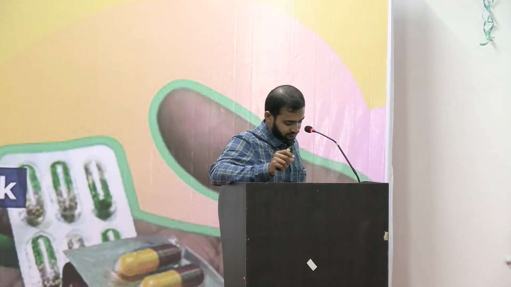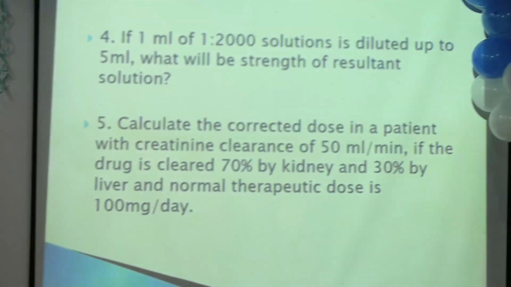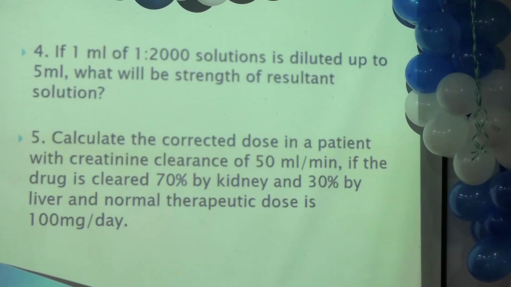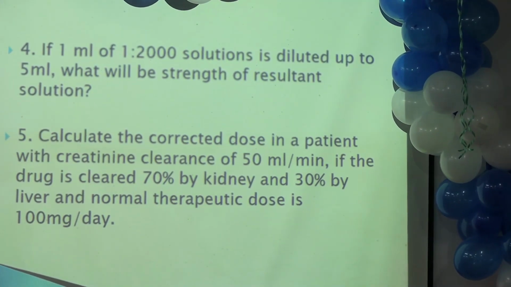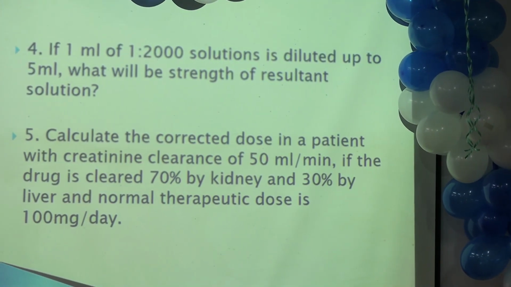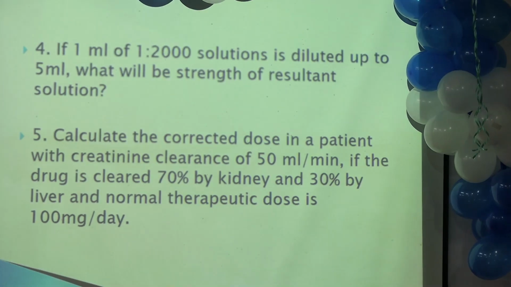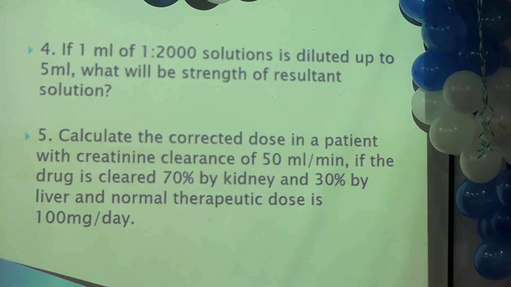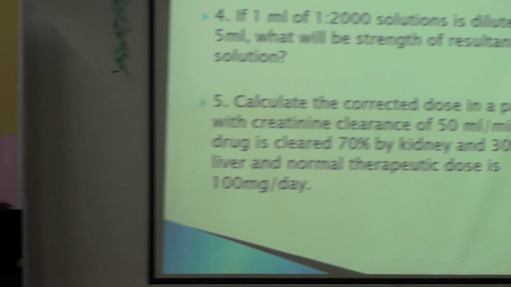So if it is in percentage, you have to express it in values. You cannot put the percentage in directly here. So here we will convert the percentage into values. If I convert the renal clearance of 70% into a value, how will you write it?